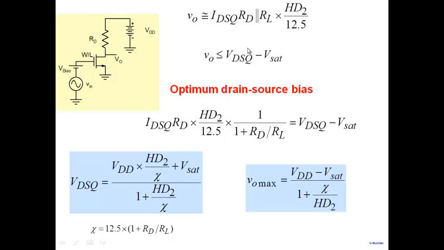If you don't want to remember, all you need to do is remember these two are the critical terms here. So all you need to do is equate them and rearrange the terms here, and you'll get these terms here. Okay, so that's the maximum swing that you can get given a particular supply voltage. Okay, and this is how you bias. You bias it at VDSQ, which is given here.